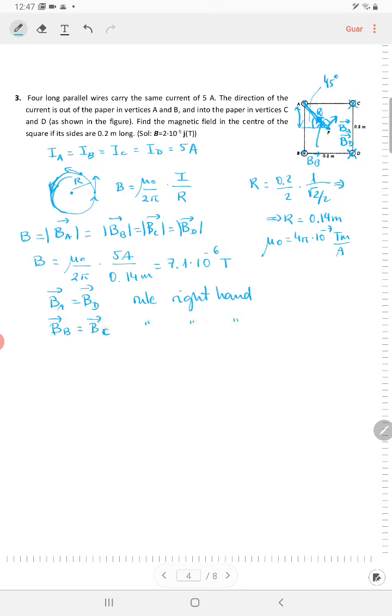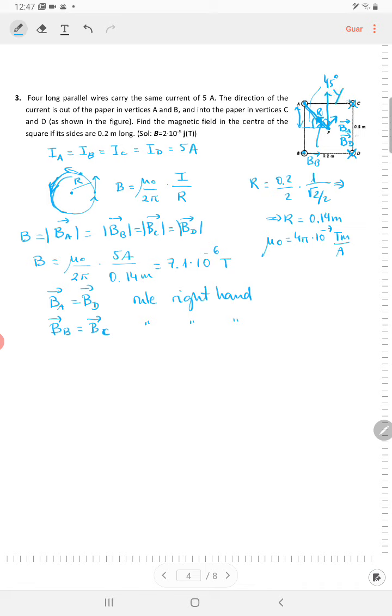So we just have now to put it down into coordinates, and really you can already see that as they have the same modulus and the same components x and y, they're going to cancel out the components on x, and you're only going to have components on y.